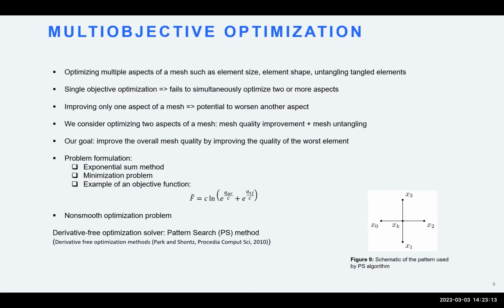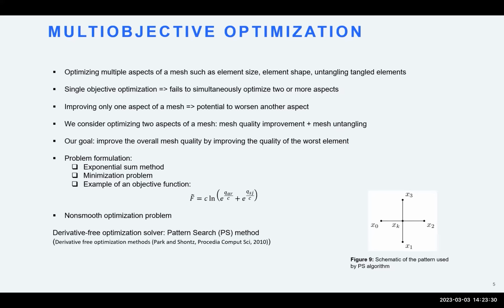Now, how does this work? It's called pattern search because it creates that pattern, that line over each node. Once you're at the current node, which is represented by x sub k, you have 4 candidate locations.